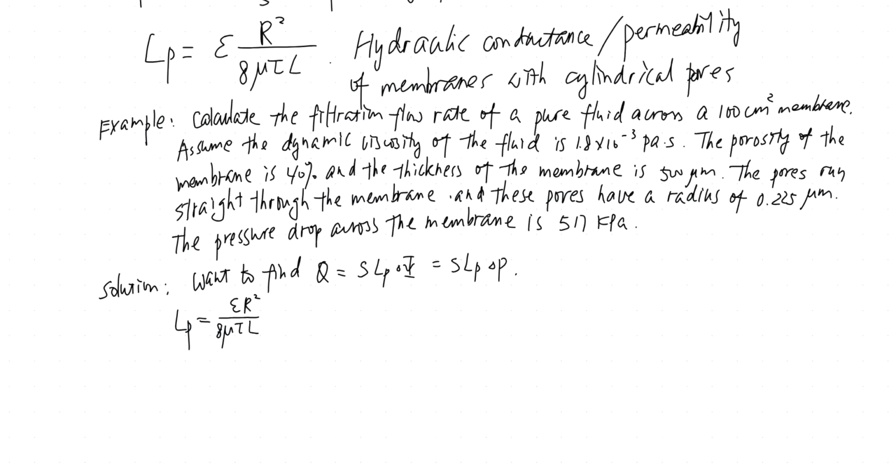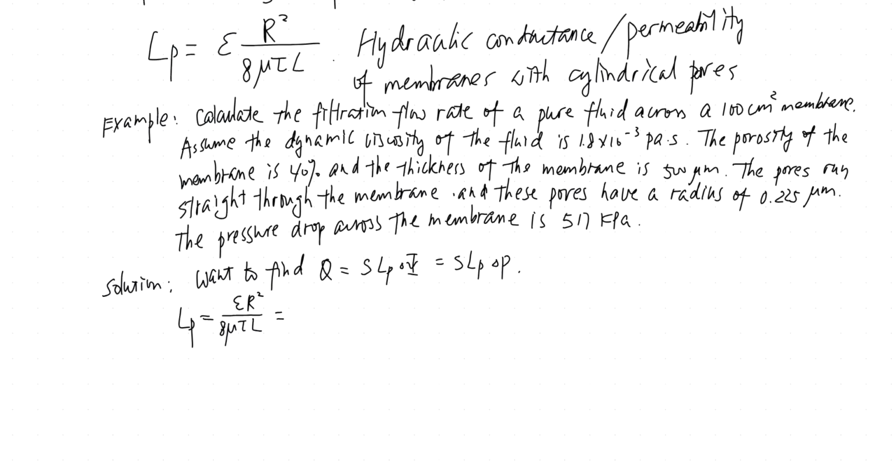So we just plug in the numbers. 40% porosity is 0.4, multiplied by the radius squared, divided by 8 multiplied by mu, which is 1.8 times 10 to the minus 3 pascal second.